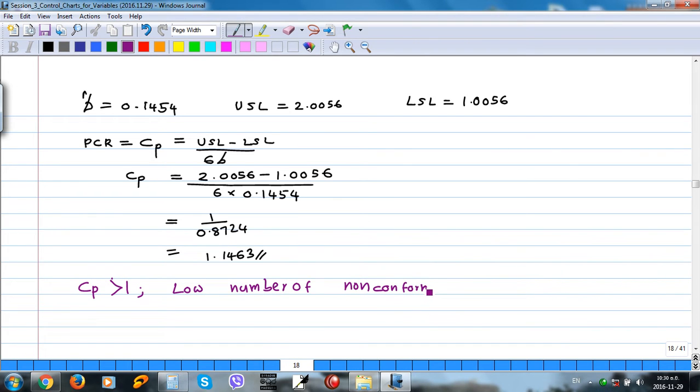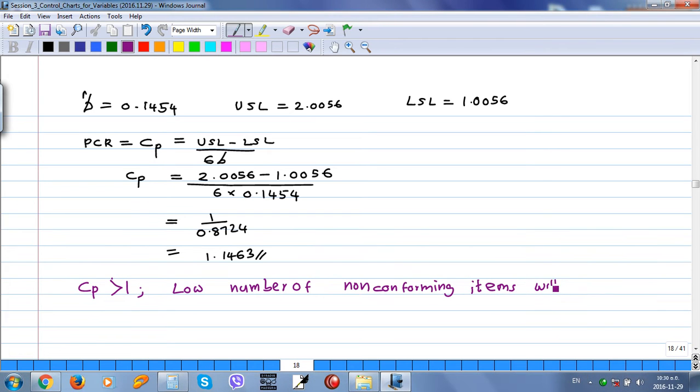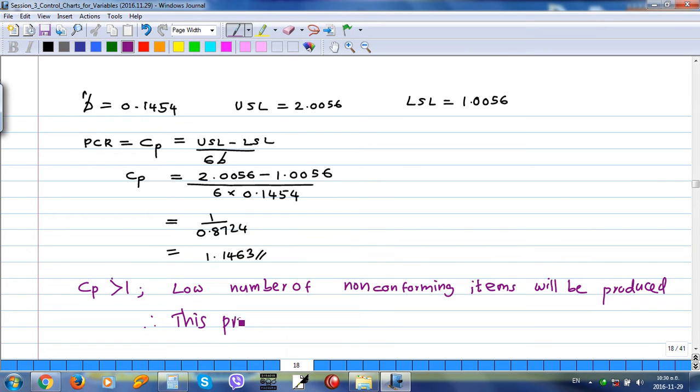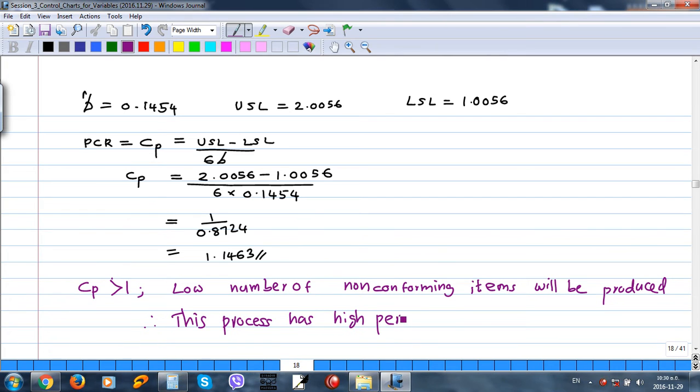Therefore this process has high performance. If Cp is greater than 1, it means the process has high performance. This is the way of analyzing the given problem.